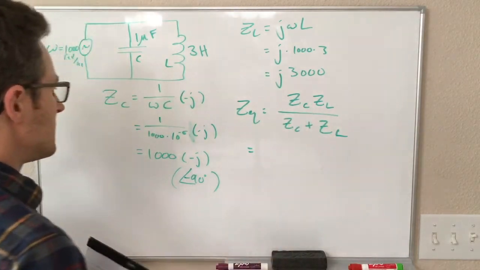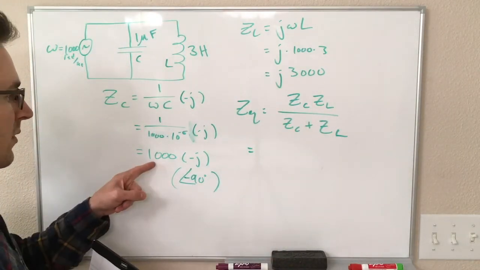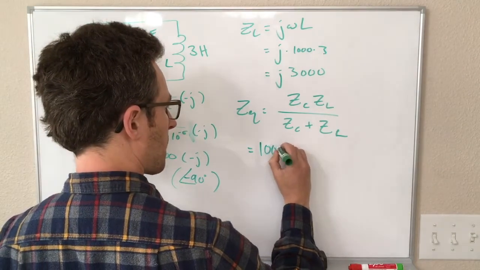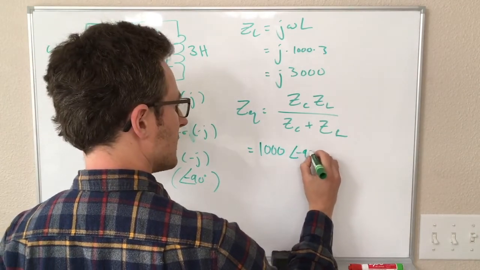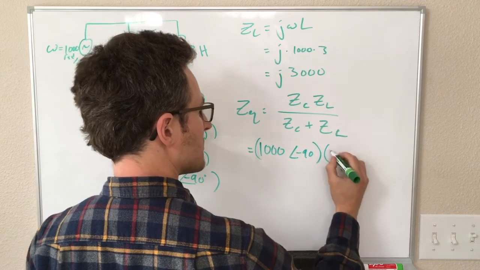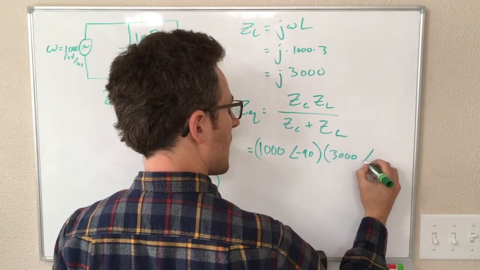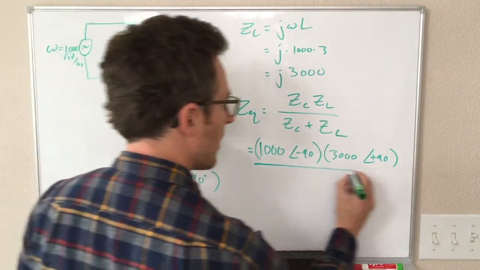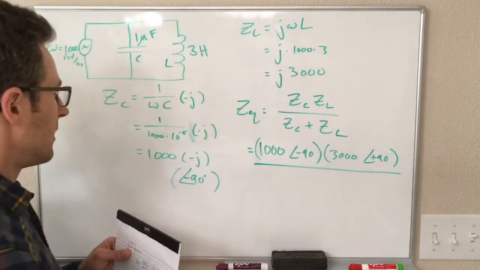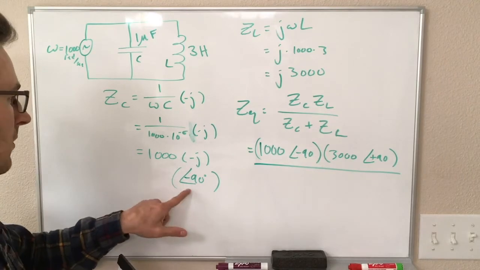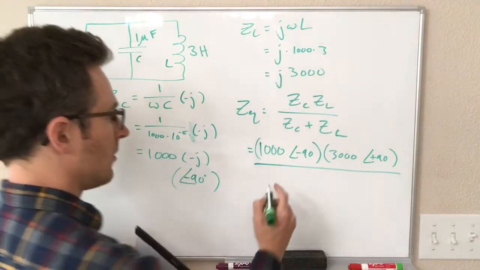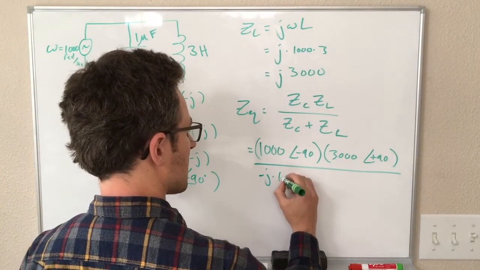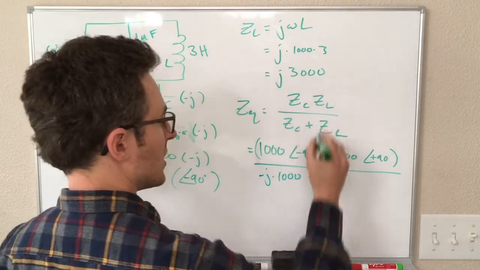So ZC times ZL, that's going to be 1,000 at an angle of minus 90 times 3,000 at an angle of plus 90, divided by ZC plus ZL, so that is minus j times 1,000 plus j times 3,000.